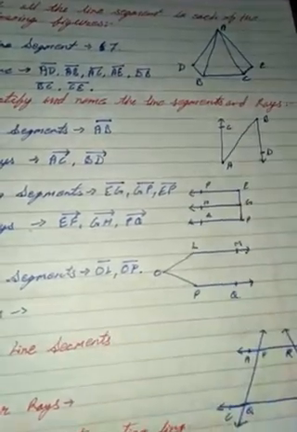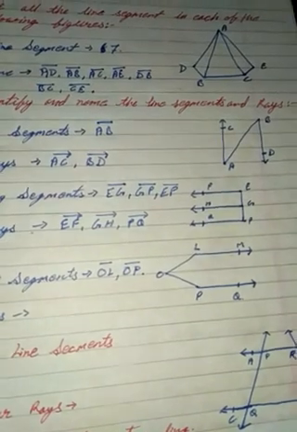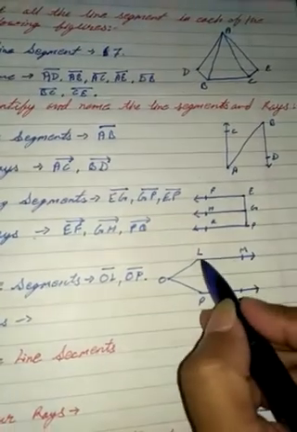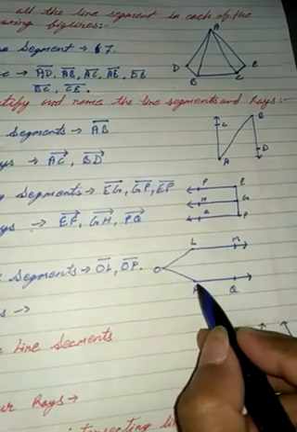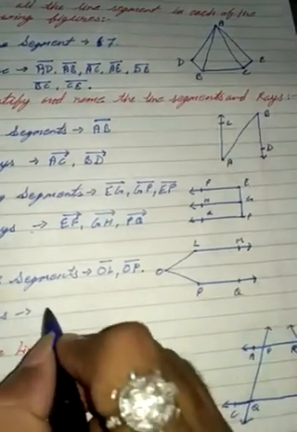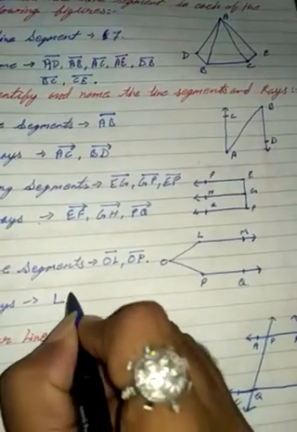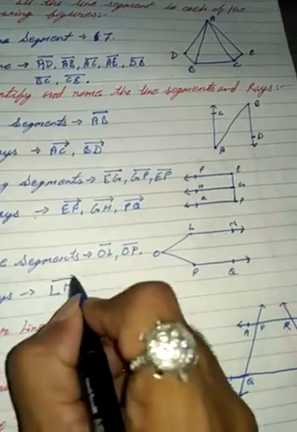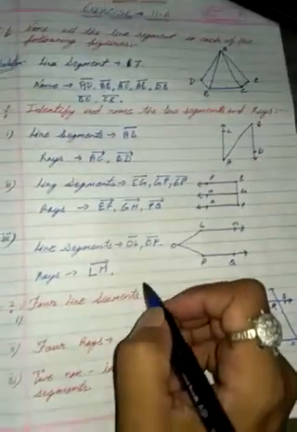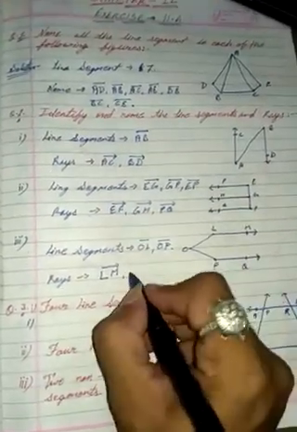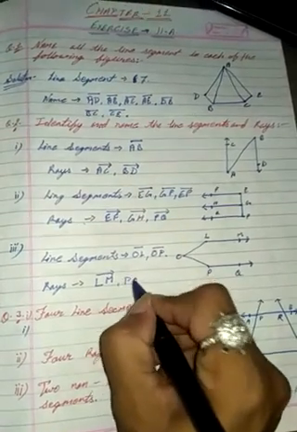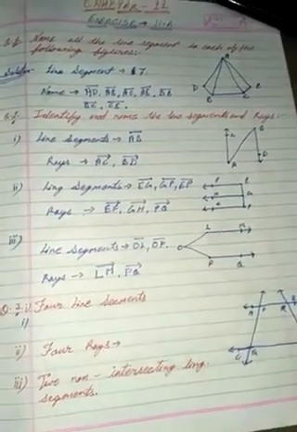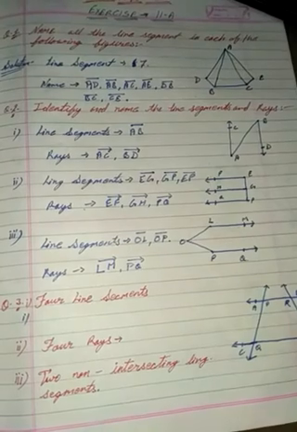Okay. Now next is rays. One side dot and one side arrow. First is LM, then second is PQ. Now LM, put the ray sign, then PQ.